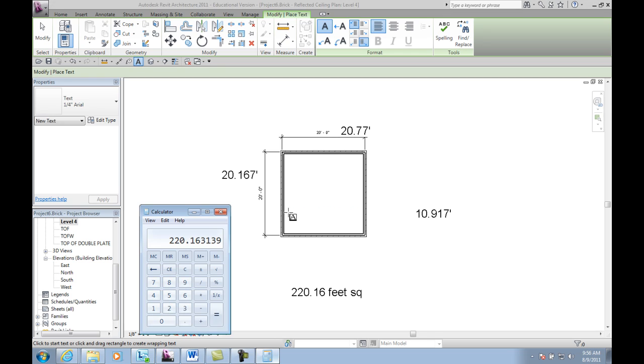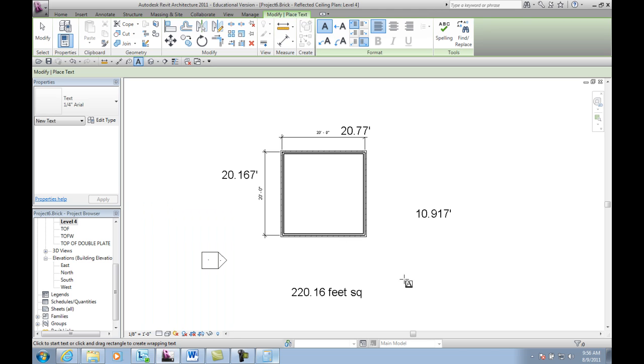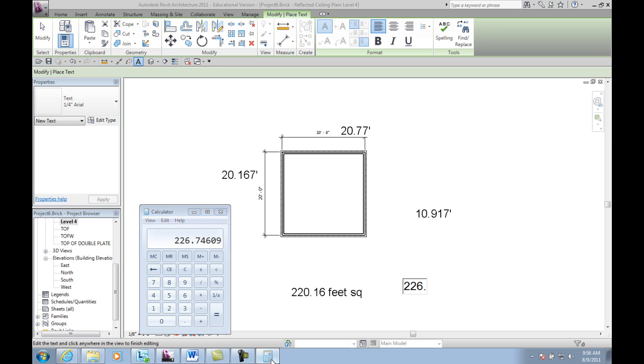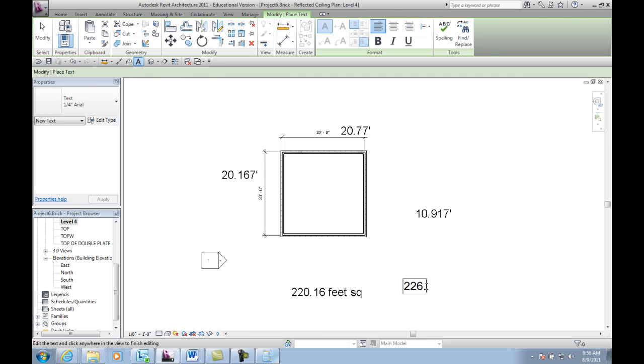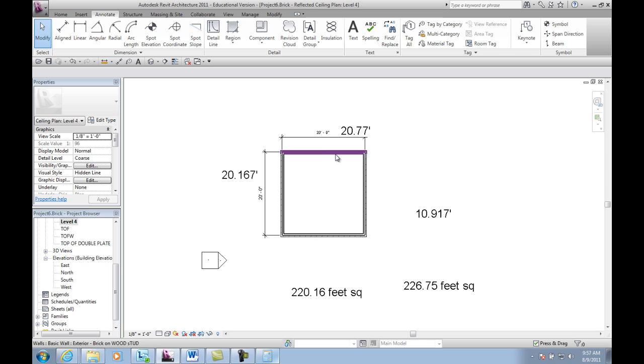Now we'll do it again up here. 20.77 times 10.917, and it's going to be 226.75 is what I'll put in there. I'm just going to round up. 775 feet squared. And that right there, guys, is on those two sides.